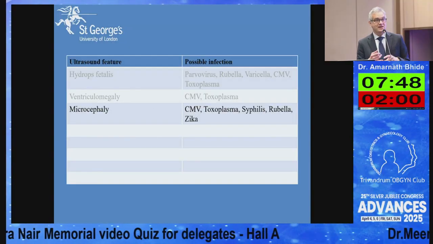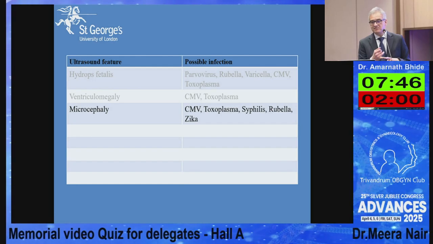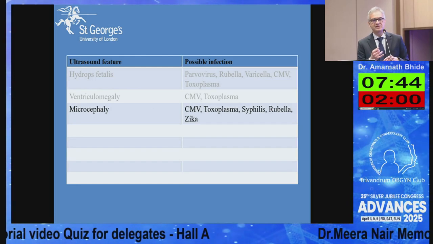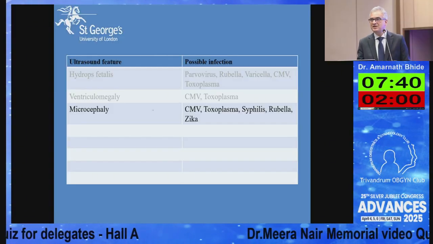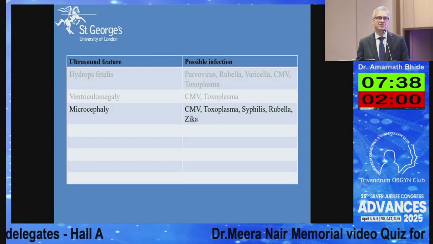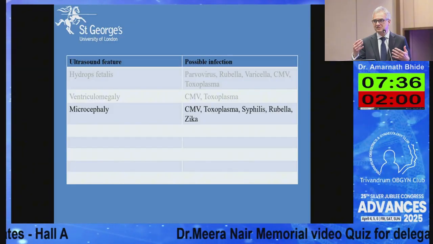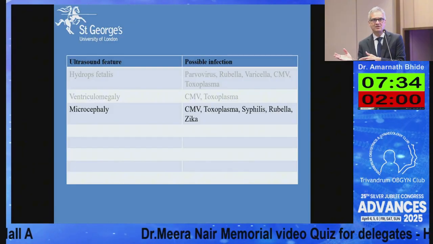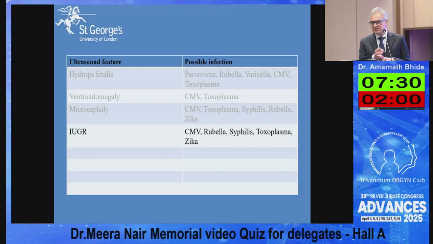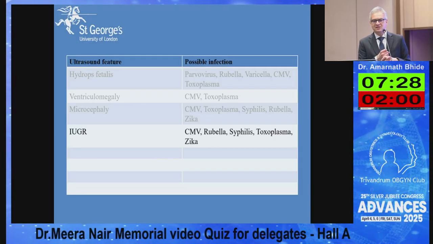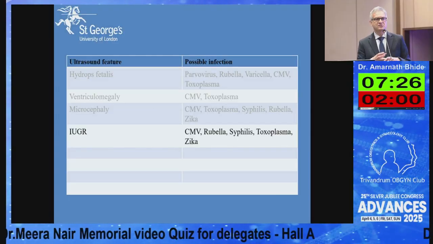When we see a small head, we are worried about CMV, toxoplasma, syphilis, rubella, particularly Zika. All cases of rubella that I've seen were microcephalic, and that's this kind of pathognomonic sign of fetal rubella infection. If we see a small baby, then we should be thinking about CMV, rubella, syphilis, toxoplasma, Zika.